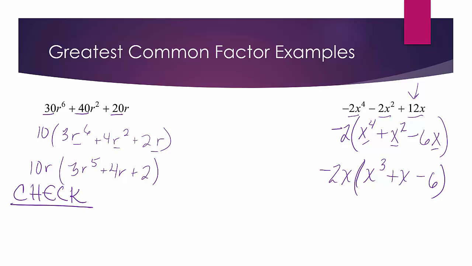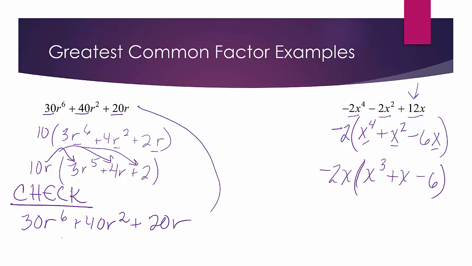I'm going to go 10r times 3r to the 5th. That gives me 30r to the 6th. I'm going to take 10r times 4r. That's 40r squared. And then 10r times 2, so that's 20r. And that, my friends, is the same problem.